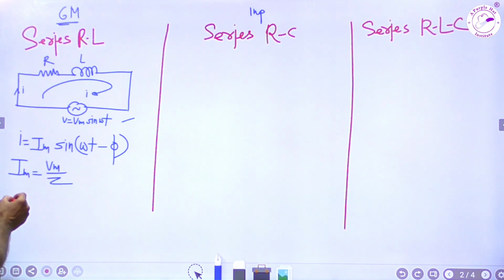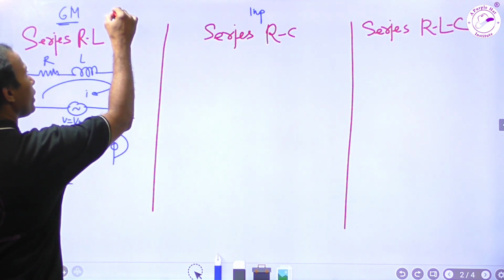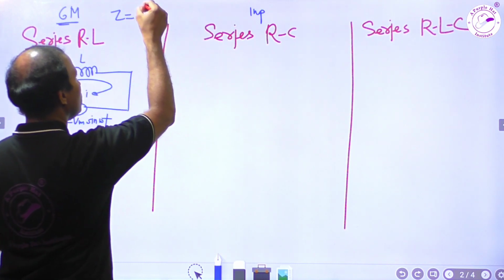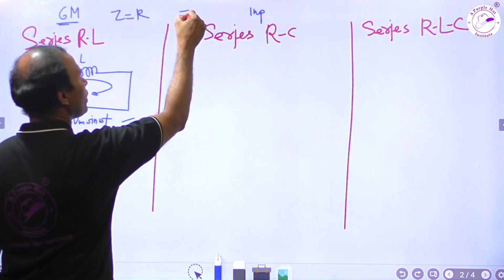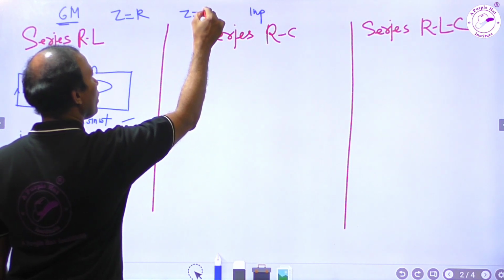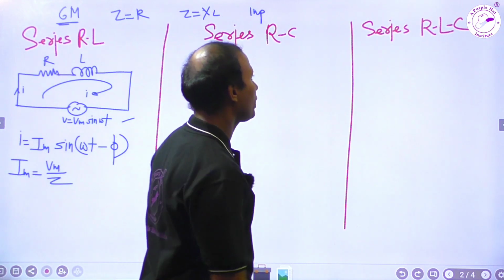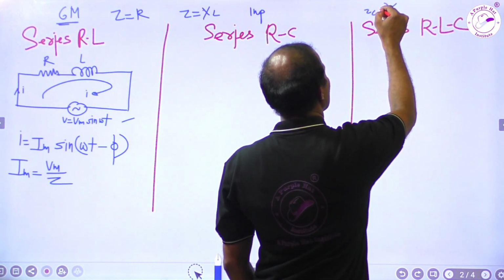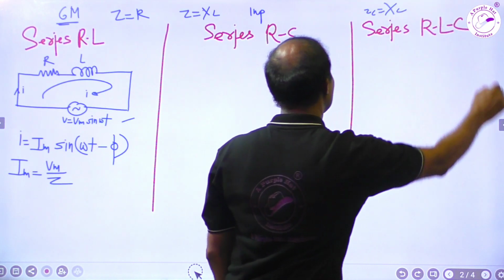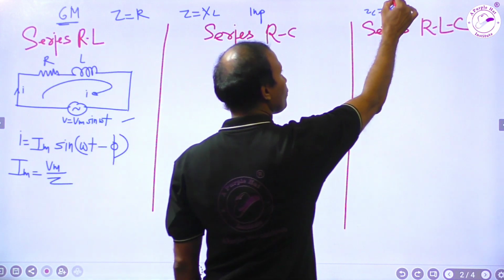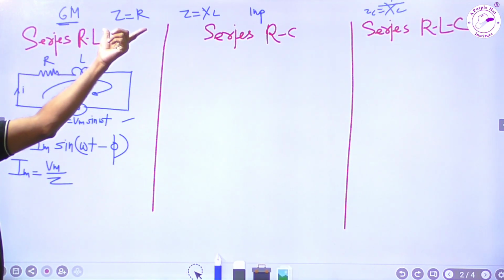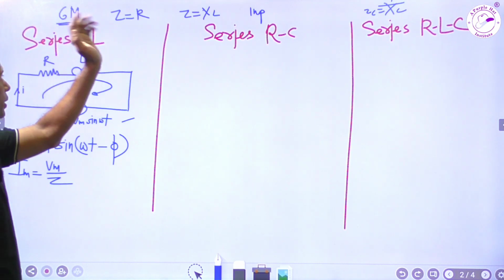In a pure resistive circuit, impedance Z is equal to R. In a pure inductive circuit, impedance is equal to XL. In a pure capacitive circuit, impedance Z is equal to XC. For a purely resistive circuit, impedance is equal to only resistance.